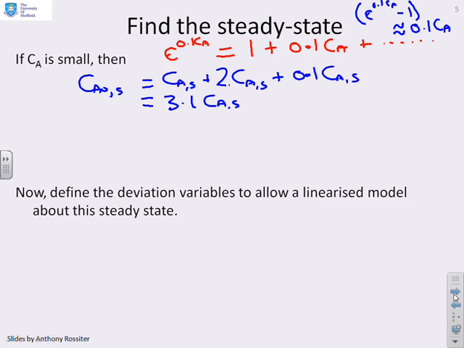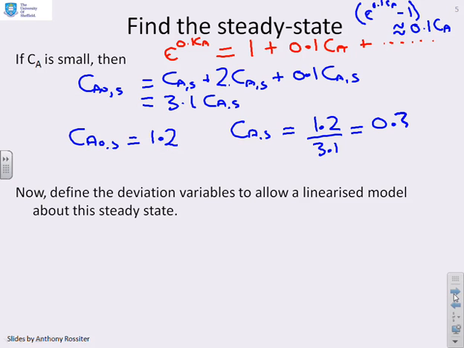So I can work out now what the steady state will be. Now we were given that CAO,S equals 1.2, and therefore CA,S equals 1.2 over 3.1, which equals 0.39.